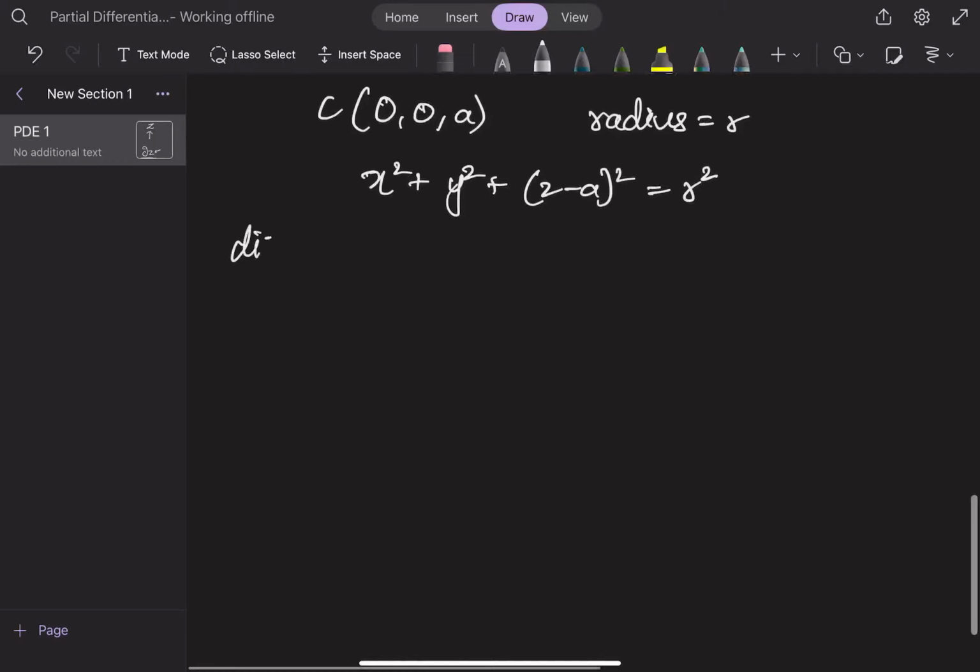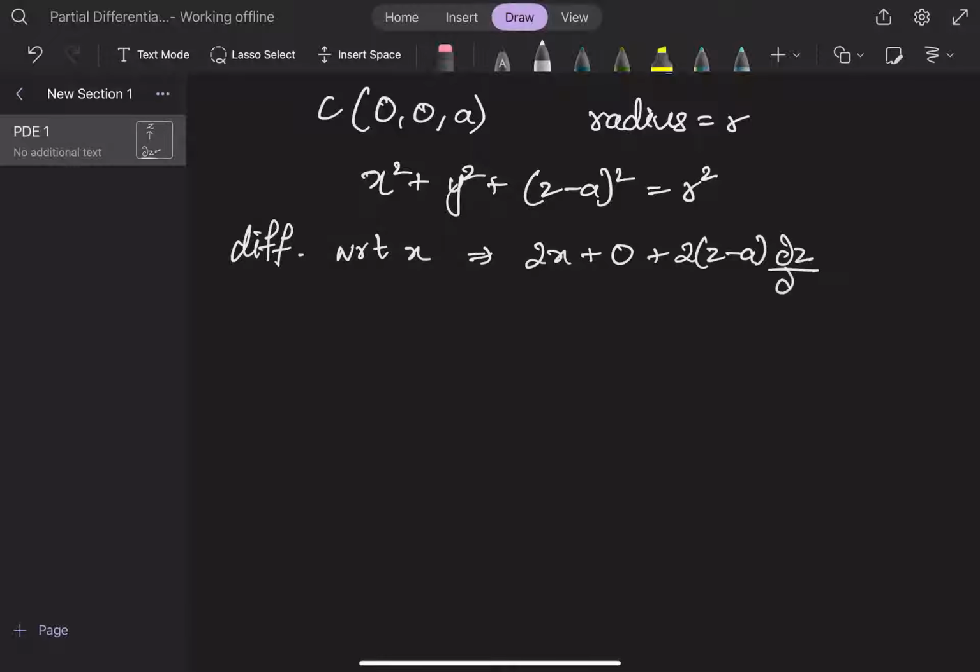Now let's try to differentiate these. Let's differentiate with respect to x. So you'll get 2x plus 0 plus 2z minus a del z by del x is equal to 0. Remember guys, z is not a constant. It is an equation that is in the form of x and y.